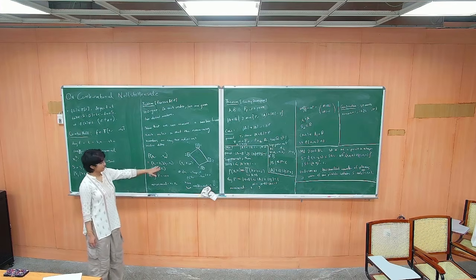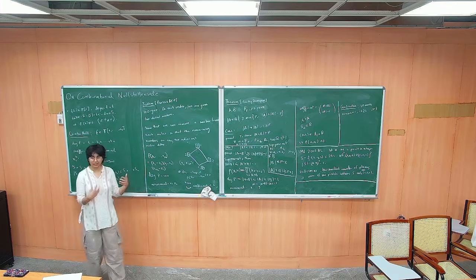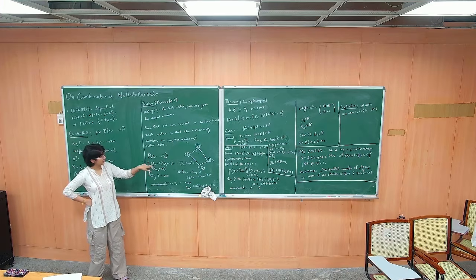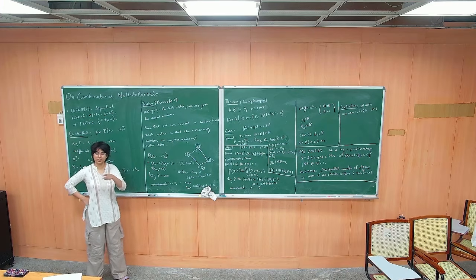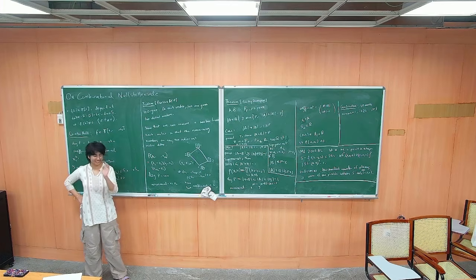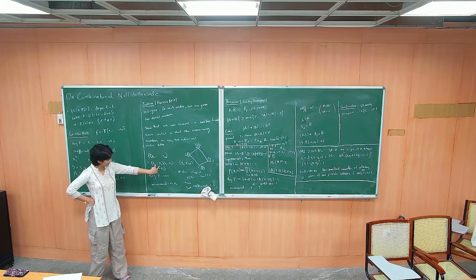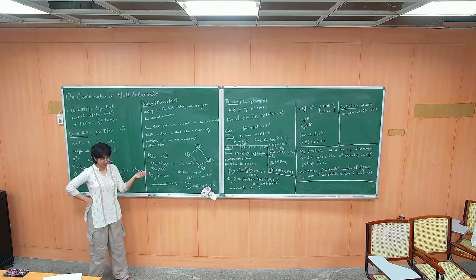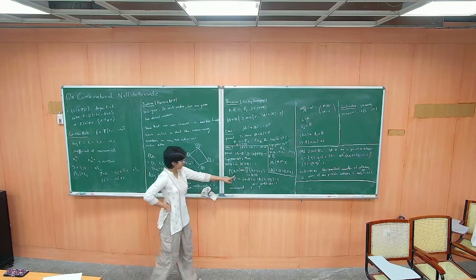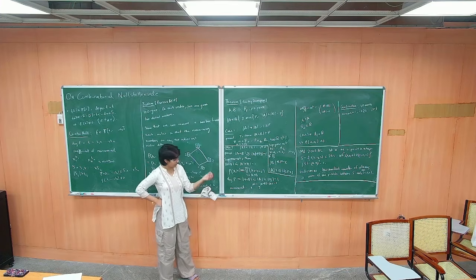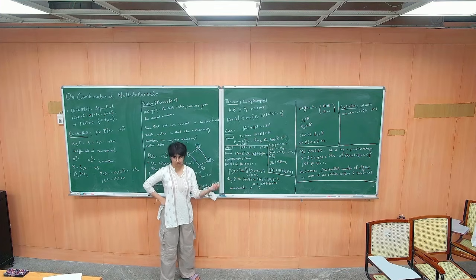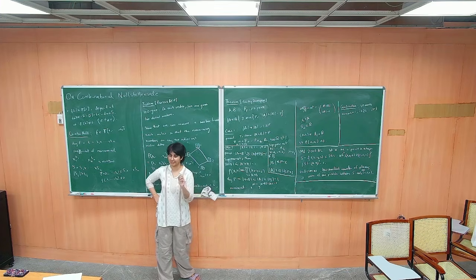Here it's capturing the fact that no two adjacent vertices' labelings are the same. Here it captures that there is an element which is a sum of two elements in A and B.